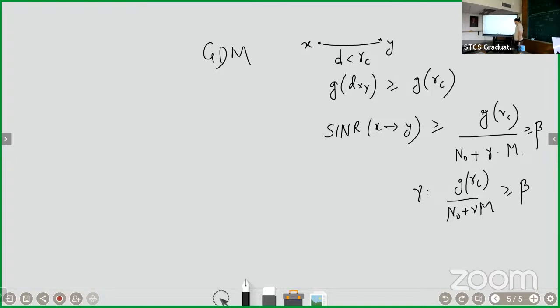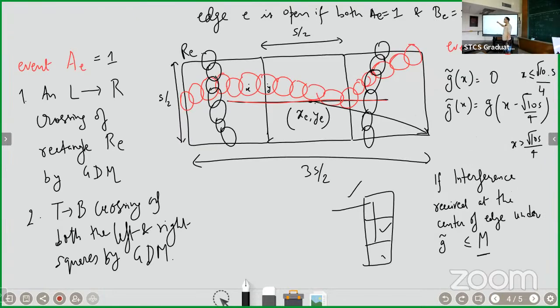So at least what I know is that any two nodes connected in the Gilbert disk model are also connected in the SINR graph. Now the question is, if the Gilbert disk model is percolating, what does it mean? That this keeps going on. And I'm saying that the square lattice also percolates.